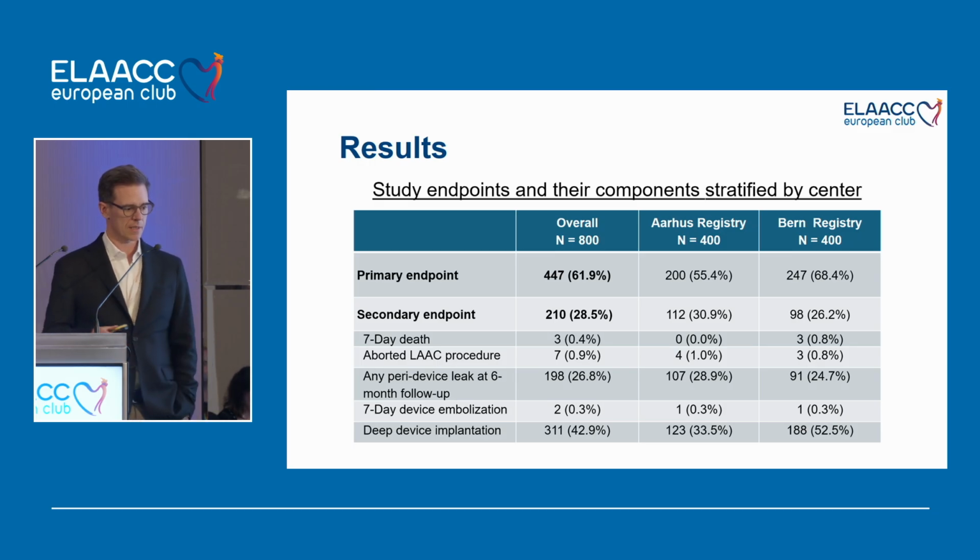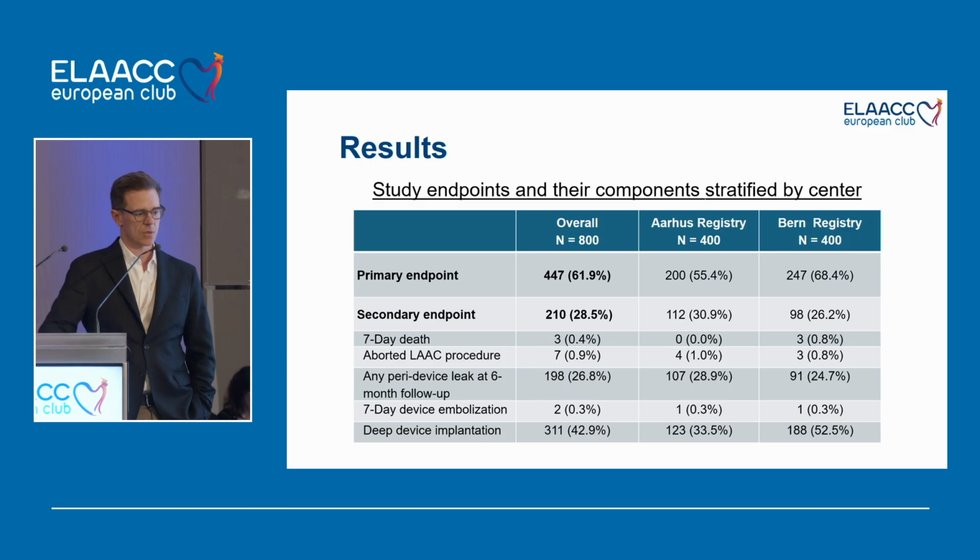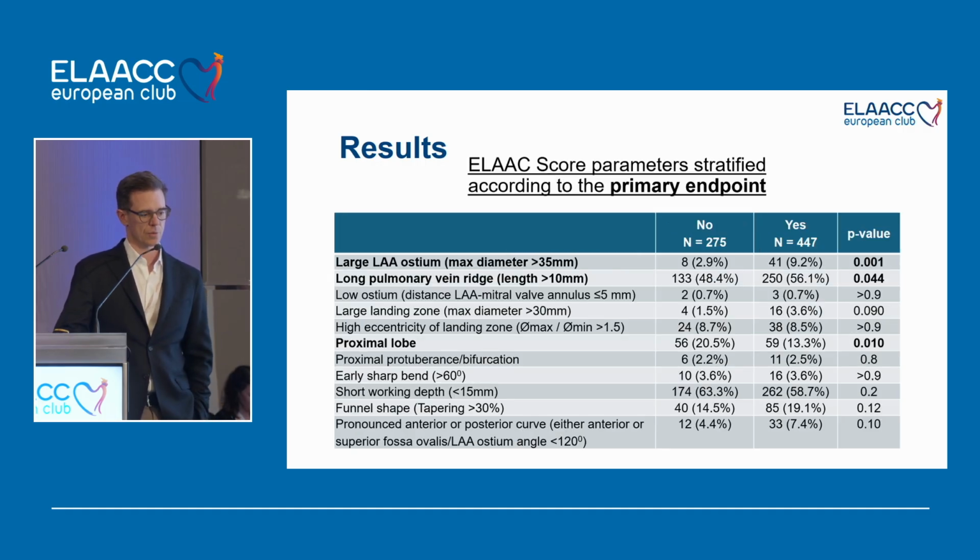Now, regarding the primary and secondary endpoint, it occurred overall in 62% in both populations, the Aarhus and Bern, and the secondary endpoint occurred in 30%, and below you see the individual listing of the contributors to the endpoint.